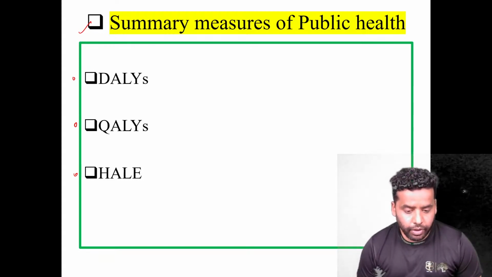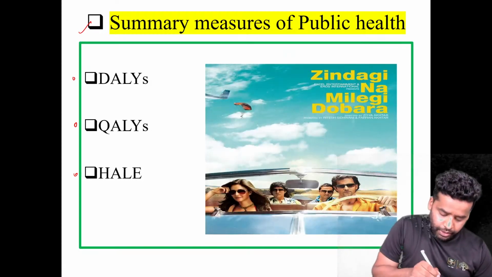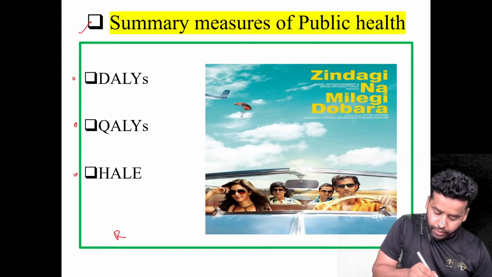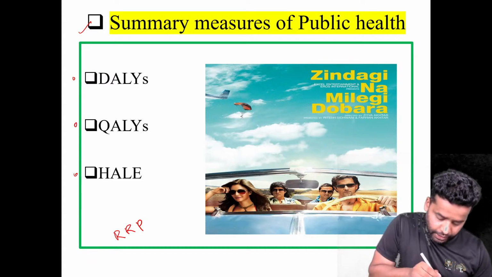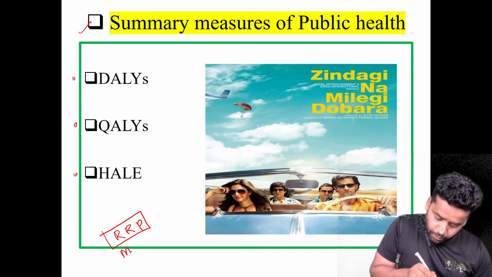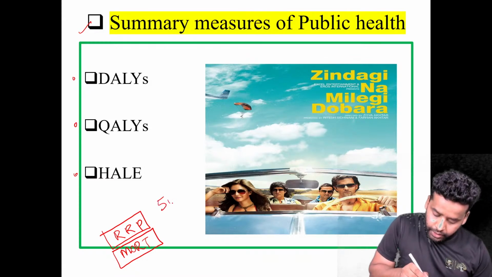So as of now, we have finished 4 subheadings. Can anyone type the headings for me? What has been finished, I am asking. Rate, ratio, proportion. That was the basic starting when I did. Next was mortality indicators. Very good. 5-year survival rate.